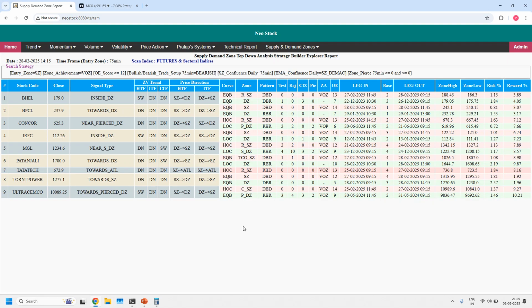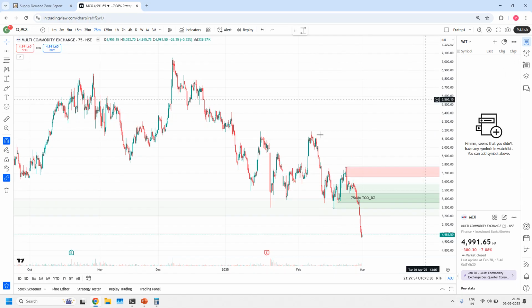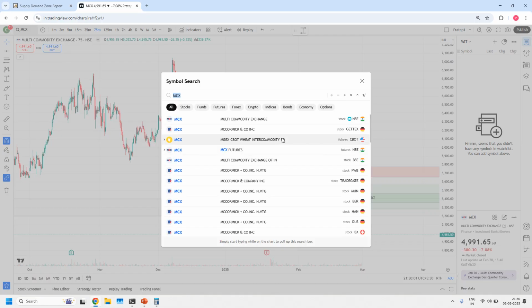We have 5 stocks. Let me quickly draw these zones and let us check what is going to happen. So BHEL, because I am deleting these stocks, we already completed our discussion. Now let me register the new stocks starting with BHEL.